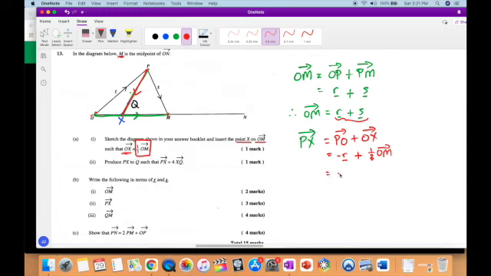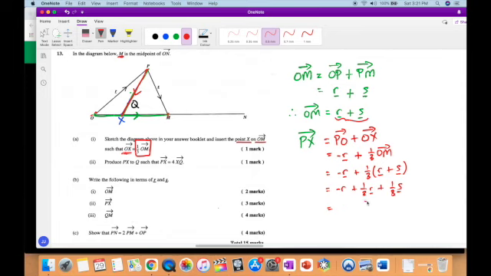So therefore, negative R plus a third of OM, which is R plus S. That means I have negative R plus a third R plus a third S. So if I have 1/3 minus 1, what is that?